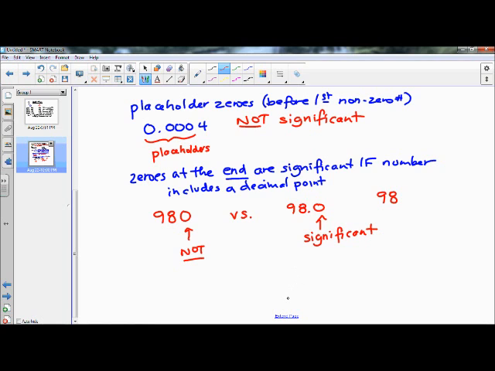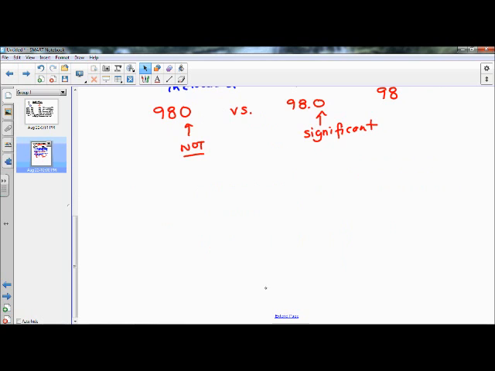Okay, let's look at a couple of possibly confusing situations that are applications of this rule. Okay, what happens if the zeros at the end have the decimal point occurs somewhere in the middle of the zeros at the end? It doesn't really matter the location of the decimal point.